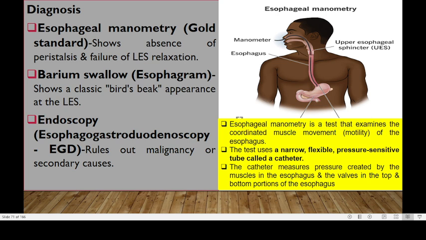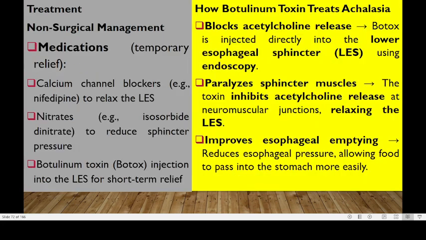The gold standard for diagnosis is esophageal manometry, which will show us the absence of peristalsis and failure of the cardiac sphincter to relax. Barium swallow can also show the bird's beak appearance, while EGD, esophagogastroduodenoscopy, will help us rule out malignancy or secondary causes.